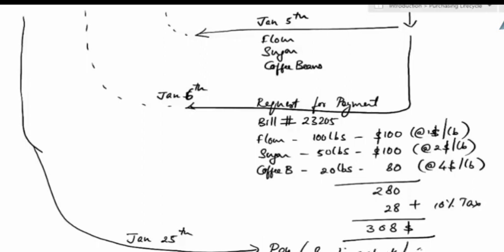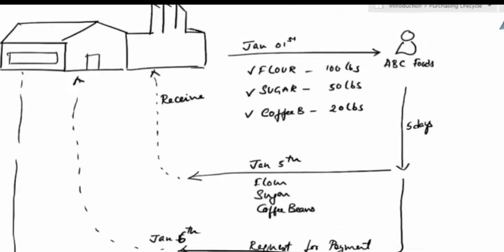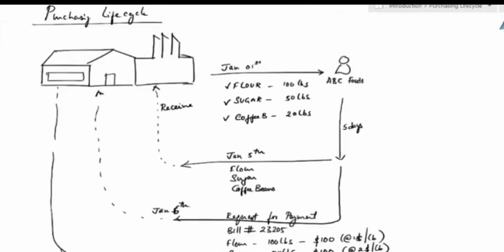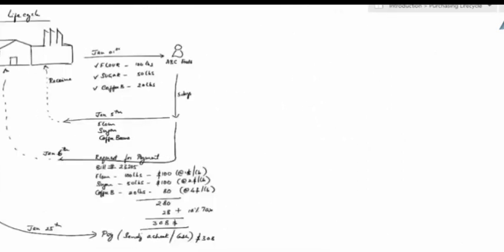So what we are doing is basically sending a check or cash for $308. So let's see what's happening here.